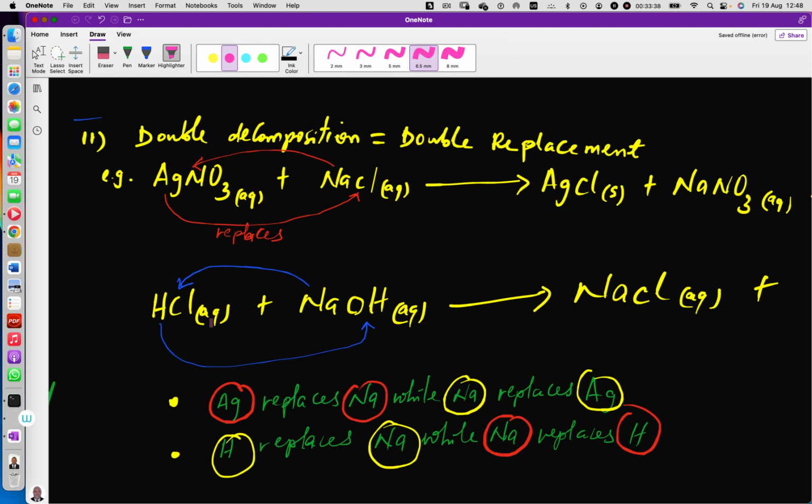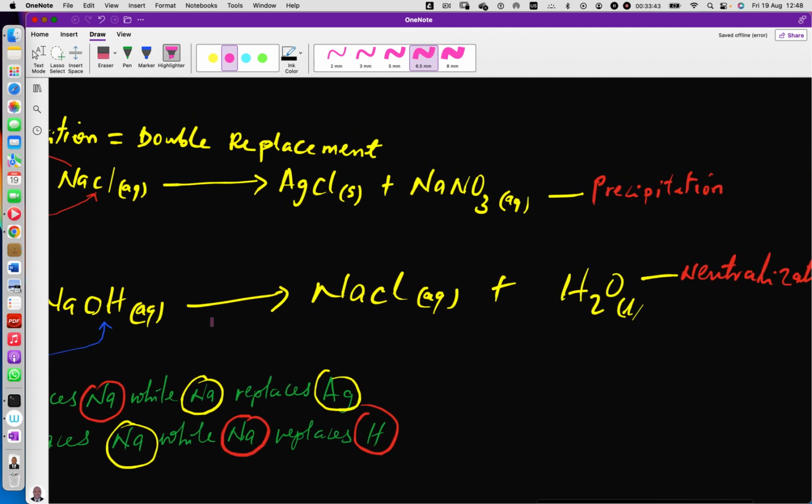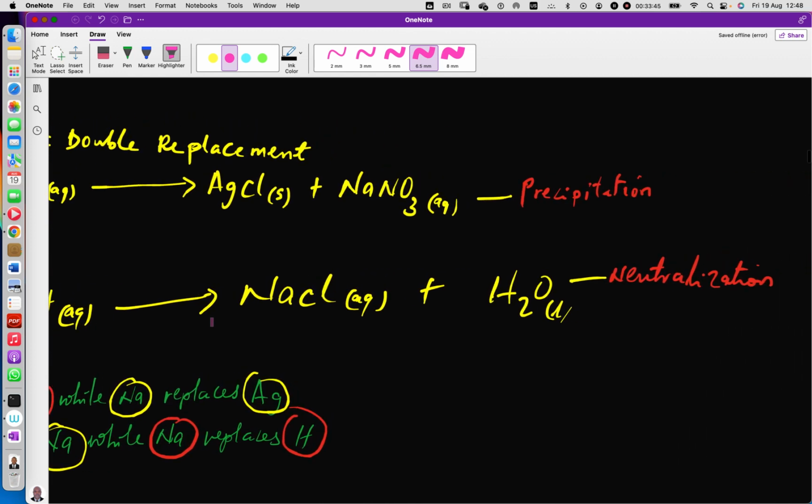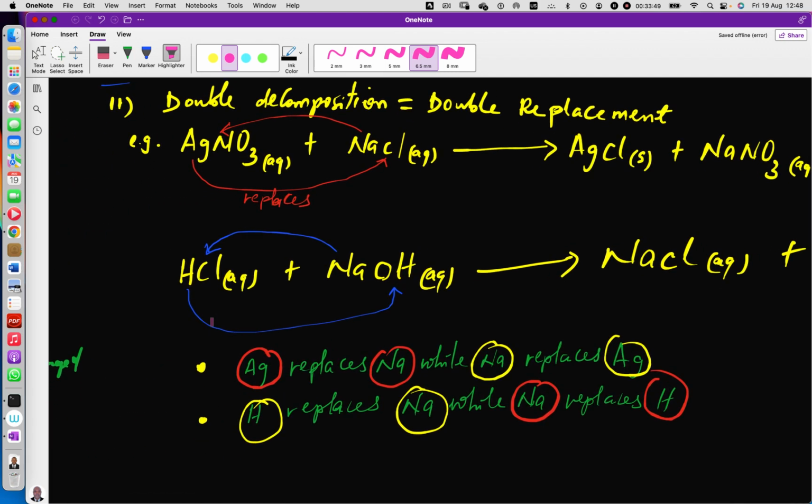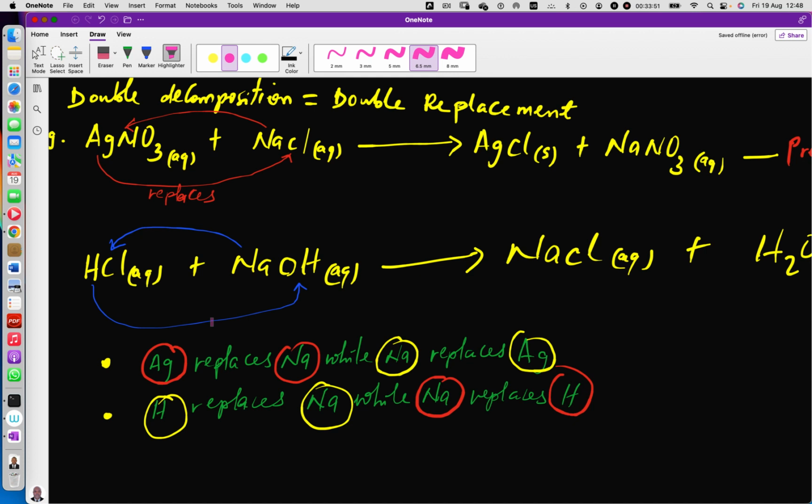I took another example for a neutralization reaction. That is the precipitation reaction, and this one is a neutralization reaction. For neutralization reaction, acid and alkali: dilute hydrochloric acid and aqueous sodium hydroxide.